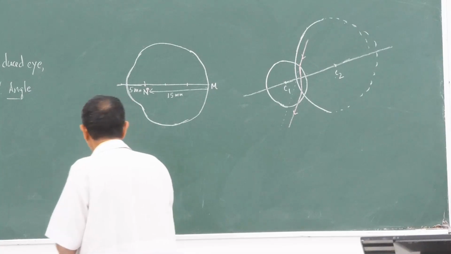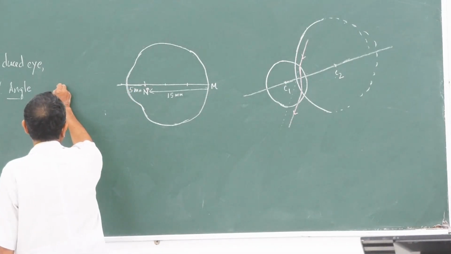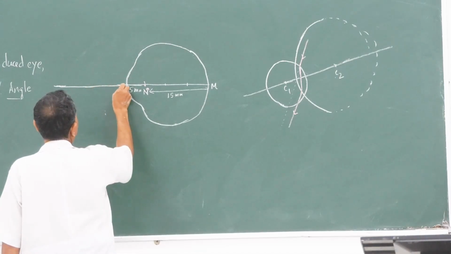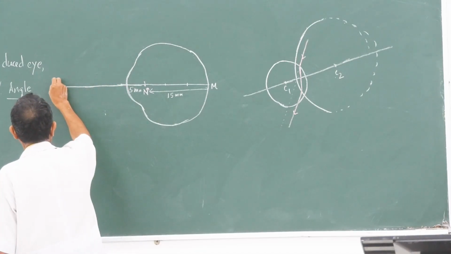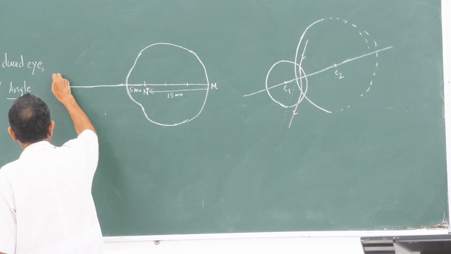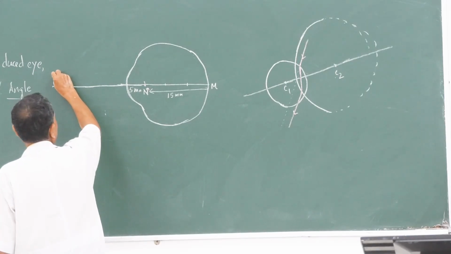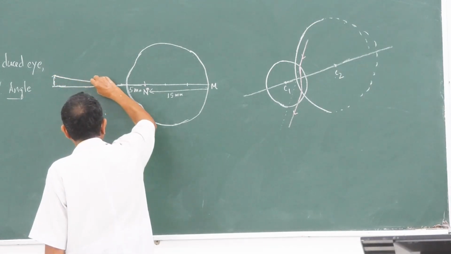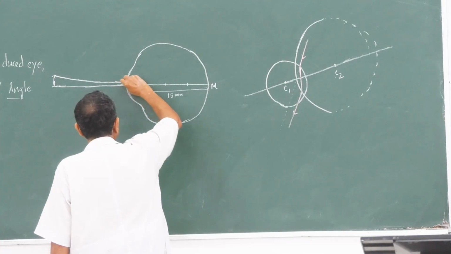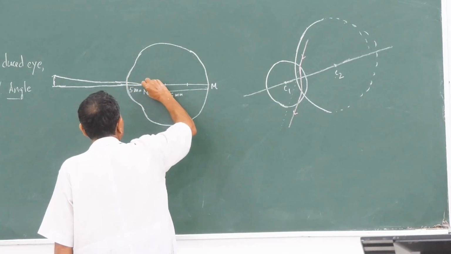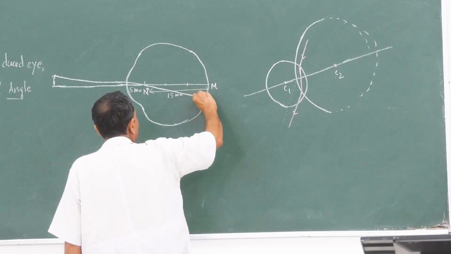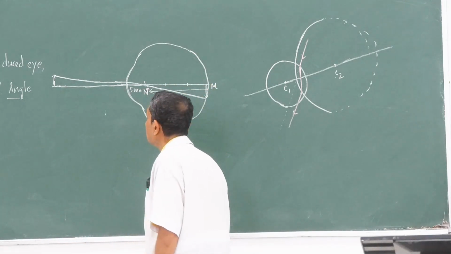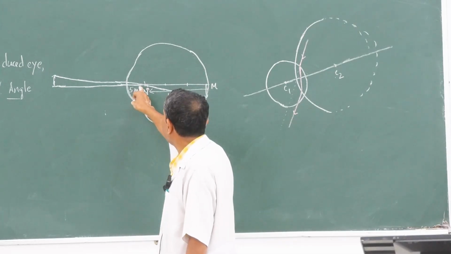And consider the case of an object at a considerable distance, a small object, and the ray that goes through this nodal point, and they form the image here.